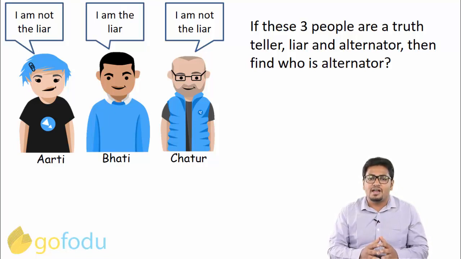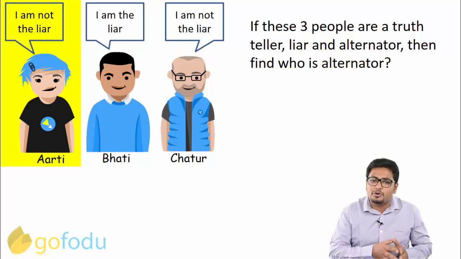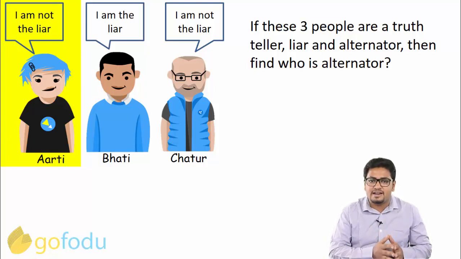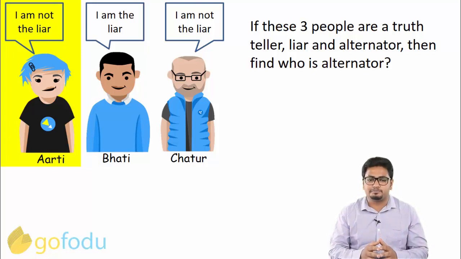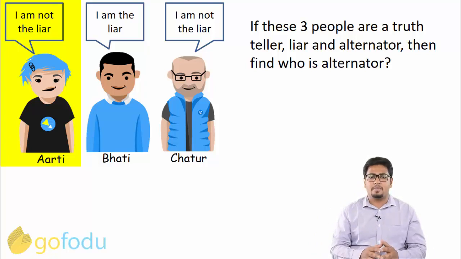Arti says, 'I am not the liar.' We will proceed with our basic method of assuming Arti to be the truth teller and then finding a contradiction. If the truth teller says that he is not the liar, it simply means that he is giving a true statement, right?